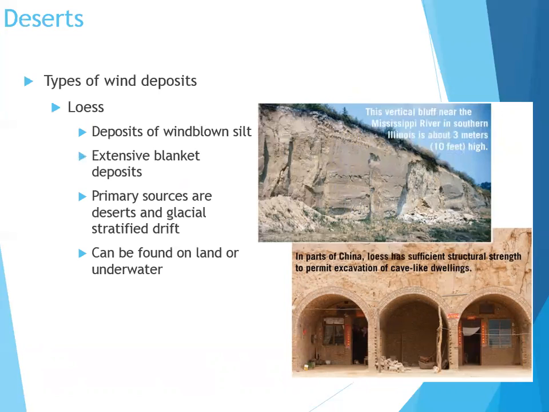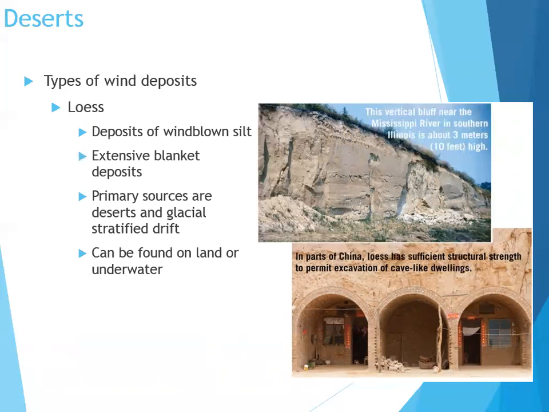When we find structures like this, what we're finding are silt and clay particles that have been carried in suspension by wind and dropped someplace else. And when they're dropped, they form these extensive blankets of silt and clay that form over many, many years.